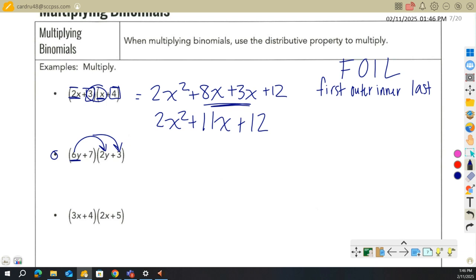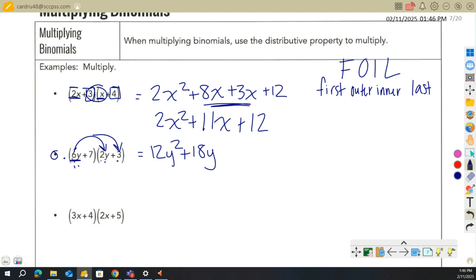Because those are being added. I'm multiplying 6y times 2y, which will give me 12y squared. And then I'm multiplying 6y times 3, which is 18y.